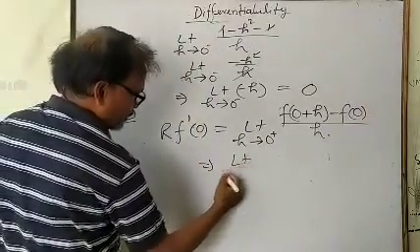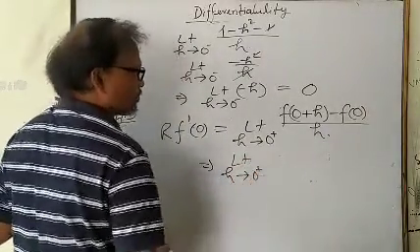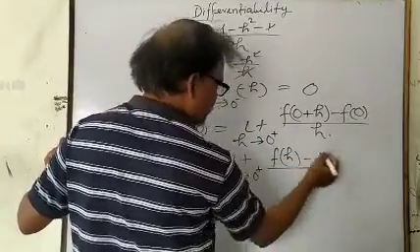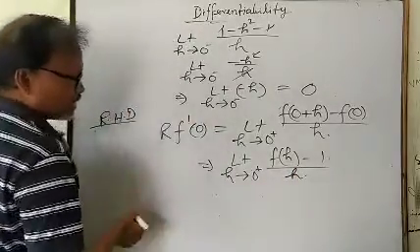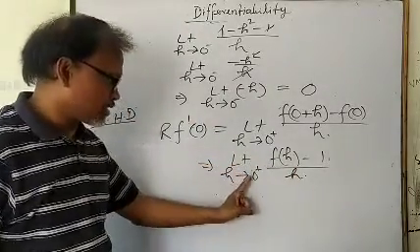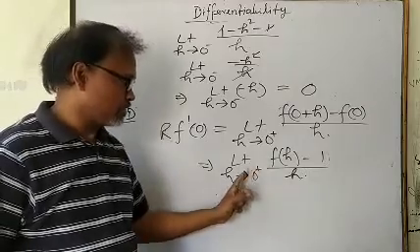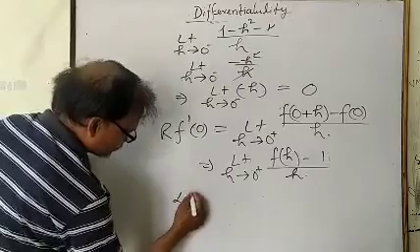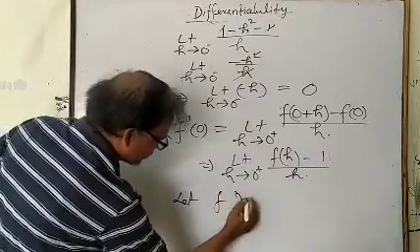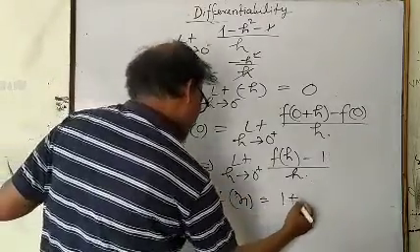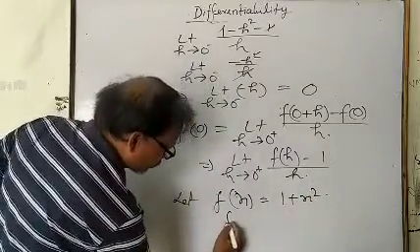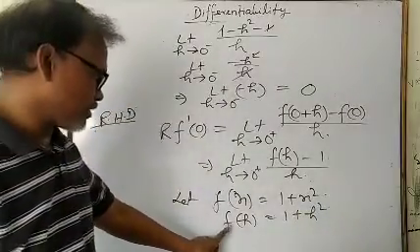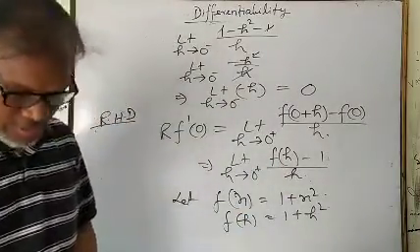Then you will have limit h tending to 0 plus, f(h) minus f(0), which you have found, this is 1, upon h. In this case, f(h), you are taking the right hand side, so right hand side is greater than 0. So take f(x) is equal to 1 plus x square, and then put h here, so it will be 1 plus h square. So in place of f(h), you put 1 plus h square.